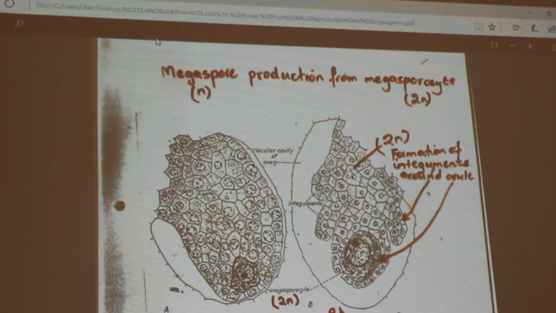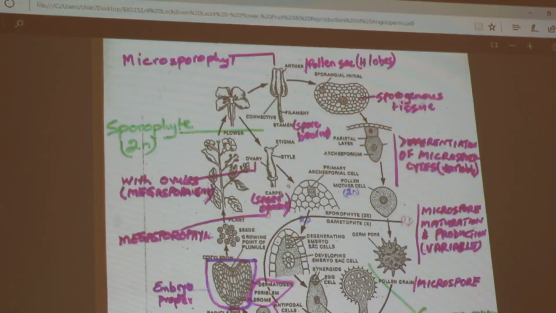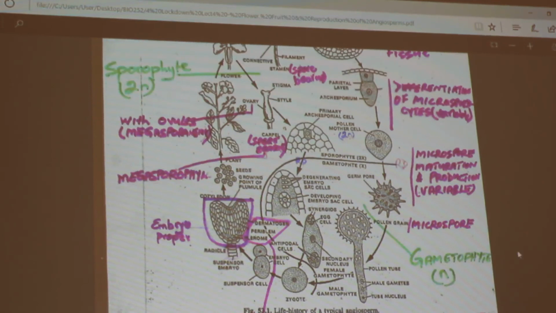So if somebody asks you about the life cycle of a flowering plant, they have to specify that this is the life cycle in diagram form. But for you to complete this, they have to tell you whether this plant has a 3N endosperm or if it has a 5N endosperm. That means they are mainly asking you about how this embryo sac matures.